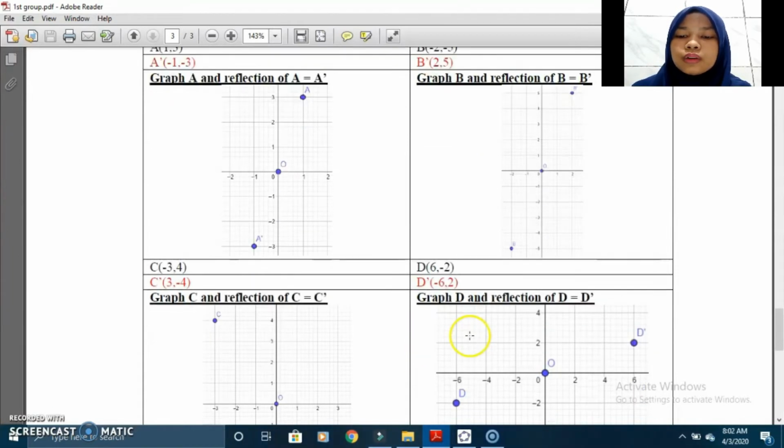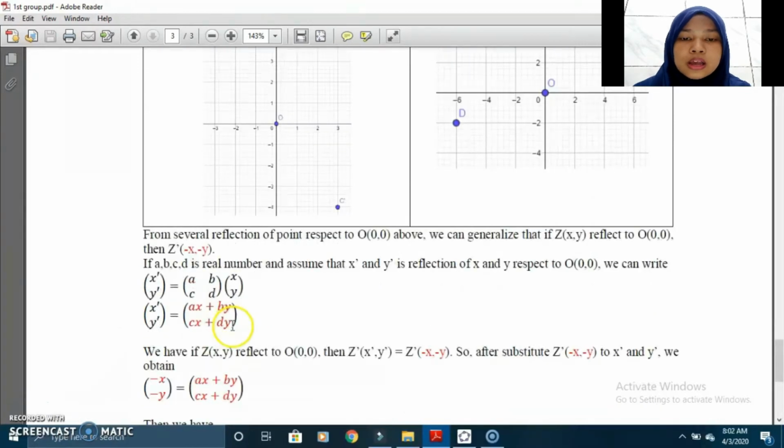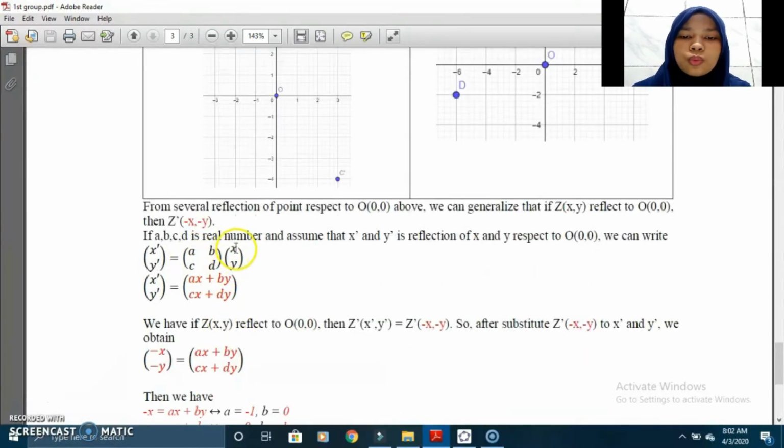Then if we have a given point, for example Z with coordinates x, y, and we reflect it with respect to O with coordinates 0, 0, then we have Z' with coordinates minus x, minus y. If ABCD are real numbers and we assume x' and y' are the reflection of x and y with respect to O, we can write this as the matrix ABCD times x, y. This matrix multiplication equals ax plus by, cx plus dy.